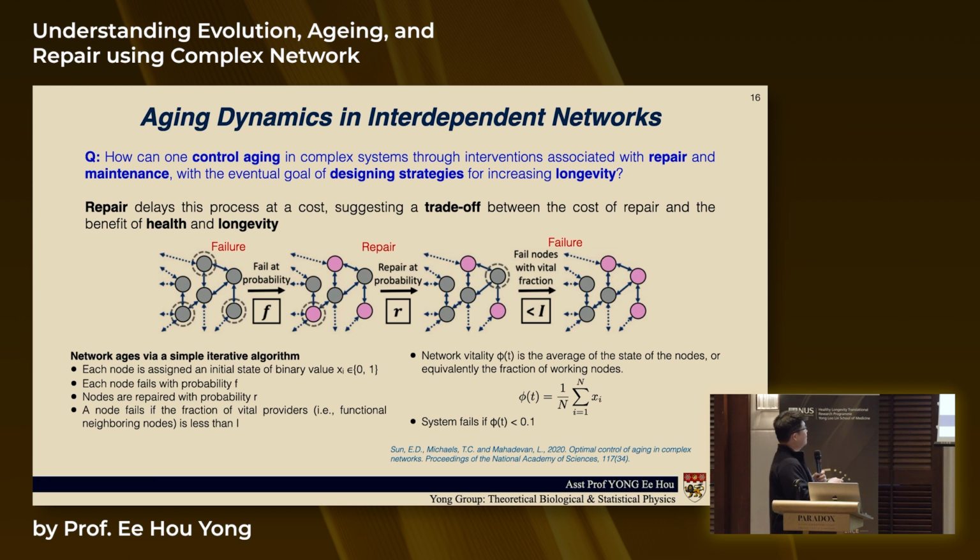So a node can fail with a certain probability, and then you can repair the node with a certain probability. There are two ways the node can fail, either as a single entity or if enough neighbors fail. So if the number of neighbors that fail exceeds a certain threshold, the node will also die.